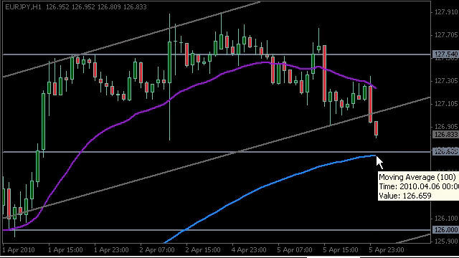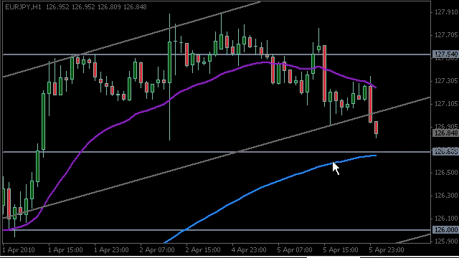Also note that we've got a support line here, and also the moving average out on the H1 is kind of centered around that. So to me, this here would be a very strong support line. So if I was in this trade short and it got close to this point here, I would be getting ready to pull the trigger to end the trade.